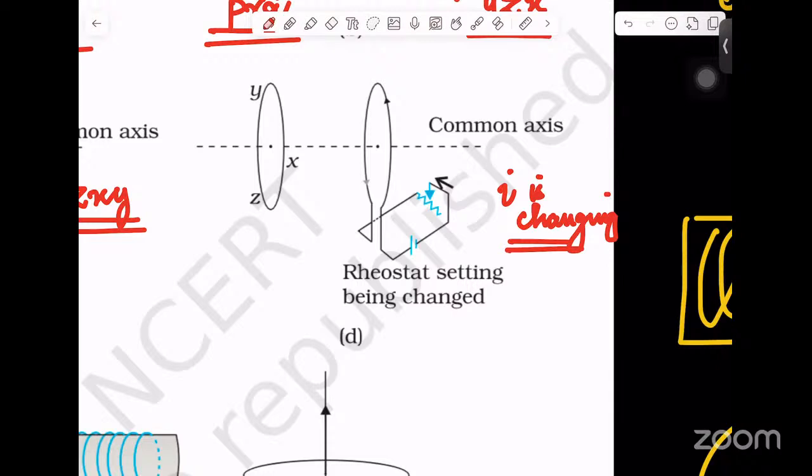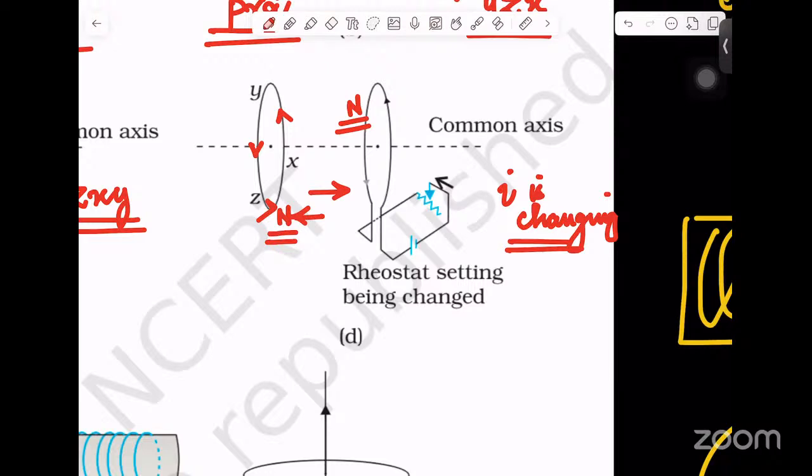And viewed from this side, the sense of the current is actually like this, which is anti-clockwise, right? So it should act like a north pole. So if this is north pole, then this should also act like a north pole to oppose this. And that is, if I view from this side, it should be a north pole or in the anti-clockwise direction. And so the current should flow like this.